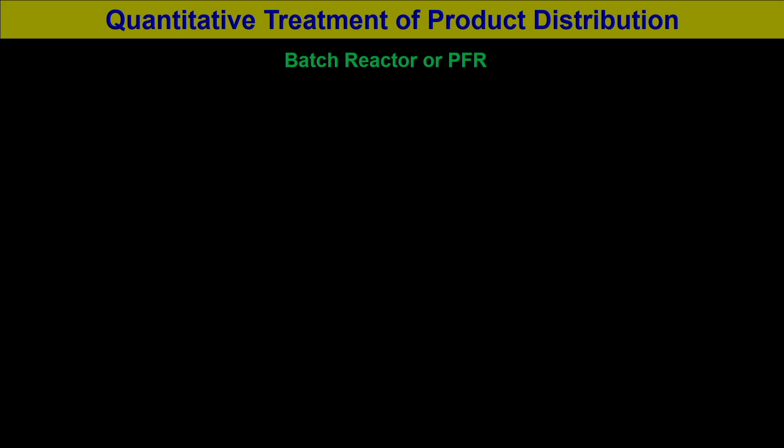This is a unimolecular type of reaction, the first order reaction in series. So, A to R to S, rate constants are K1 and K2.